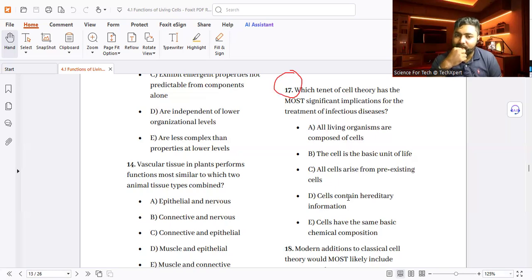Tenet of cell theory has the most significant implication. Why do you say this D is not regarding the cell theory? That means cells are existing from pre-existing cells, so the hereditary information is the same.